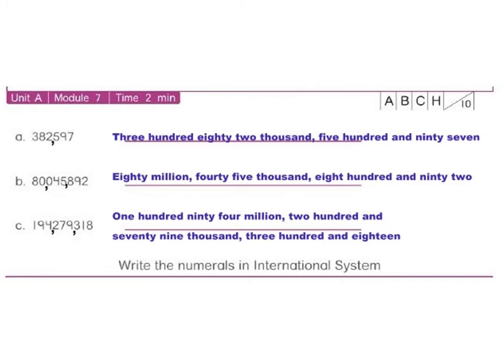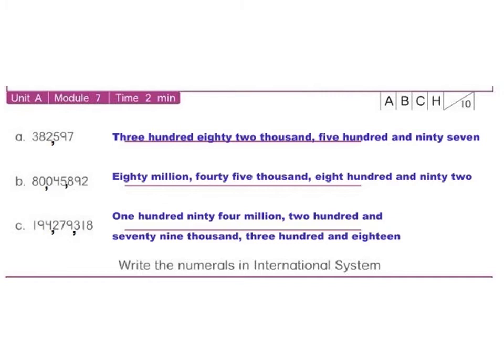In the second question, there will be two commas, that means the number will be divided into three periods, the ones period, the thousands period and the millions period. In the million there are only 80, so it will be 80 million. In the thousands period there is only 45, so it will be 45,000. And in the ones period we will write 892.